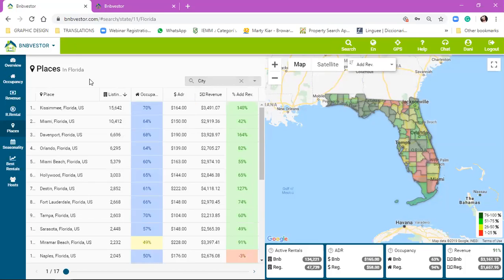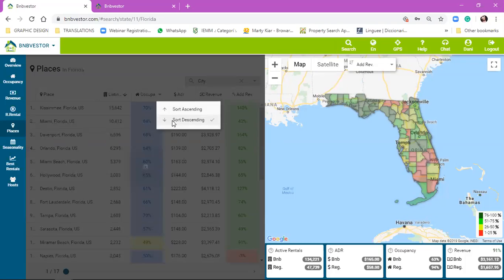So we have Kissimmee, Miami, Davenport, and Orlando. Then if we look a little lower, we have Tampa down here with 2,600 listings. It's not very far away from what we have over here. We can see that the top two, of course, are Kissimmee and Miami.